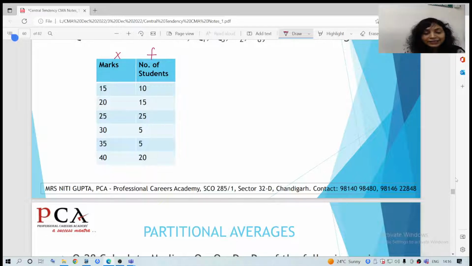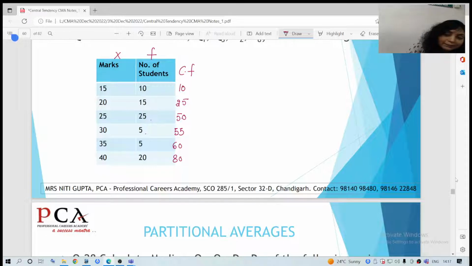As we see in the question, the marks are already in ascending order, so we don't need to change the order of the marks. Next step is we have to find CF, that is cumulative frequency, sum of frequencies. So this is 10, 15 plus 10, 25. 25 plus 25, 50, 50 plus 5, 55, 55 plus 5, 60 and 60 plus 20, 80. That means total frequency is 80.